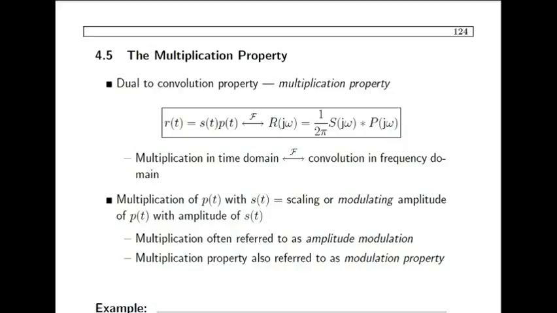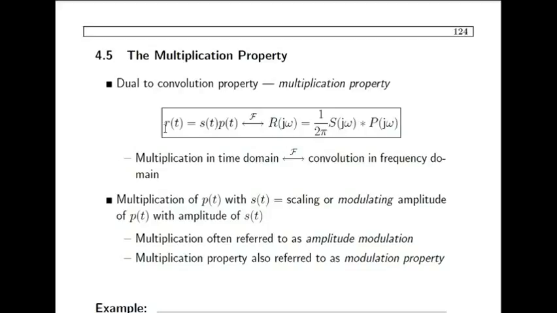So first I'm going to teach you the multiplication property. The multiplication property is the dual or opposite of the convolution property. In the convolution property, we convolved the signals in the time domain and the signals got multiplied in the frequency domain.